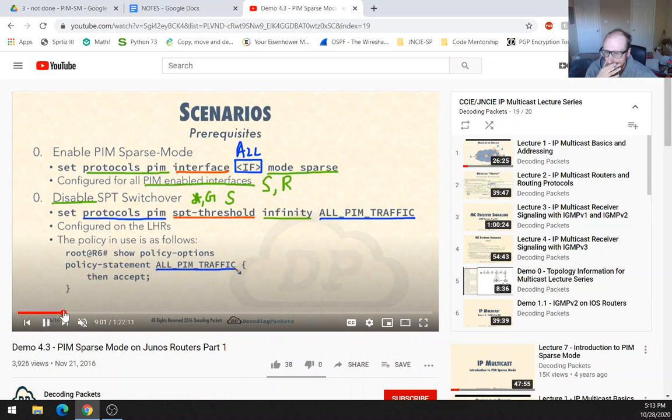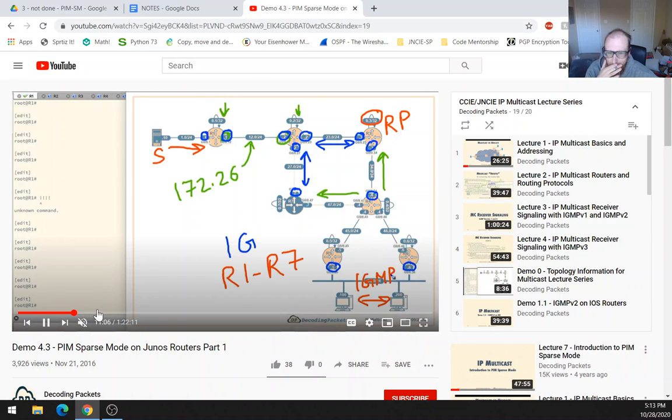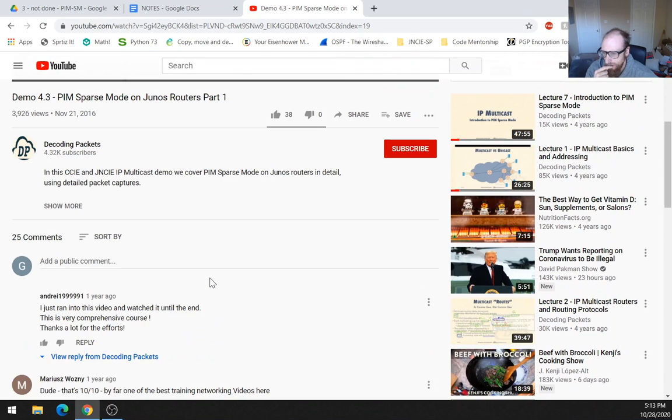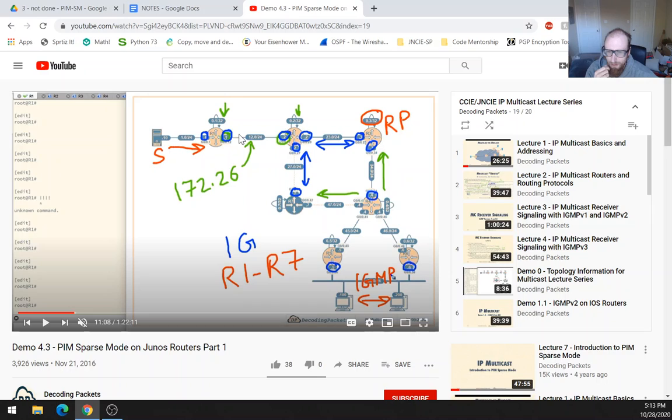Well, so yeah, I guess I want to just follow along with this. He's got 1, 2, 3, 4, 5, 6, 7 routers, so I think I'm going to rearrange my topology to look like what he's got there, and then that's going to be what I focus on.